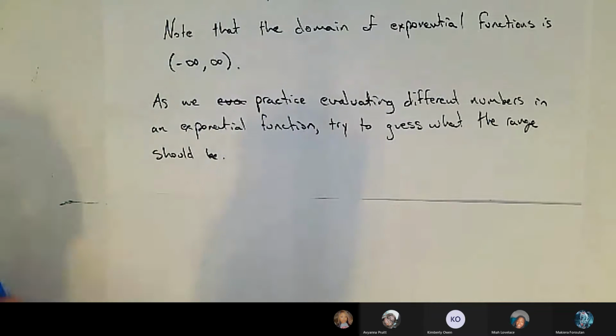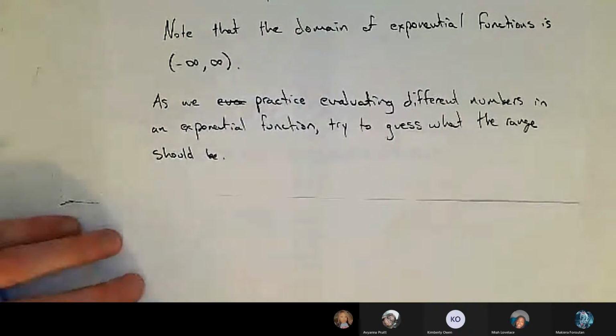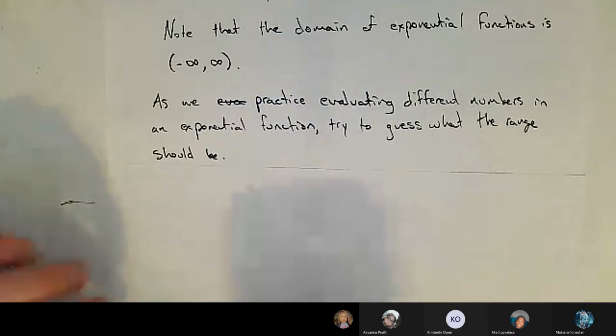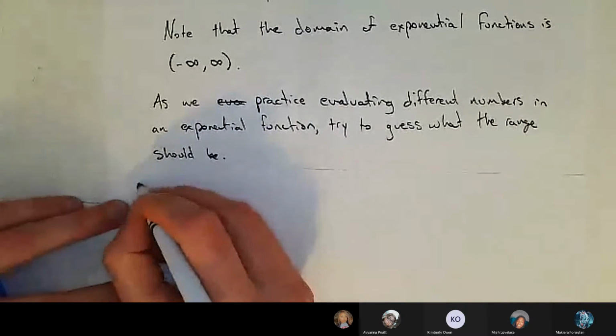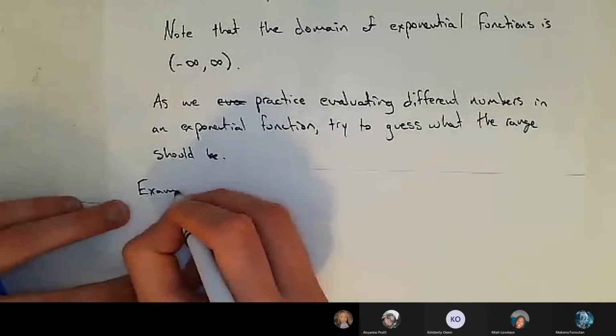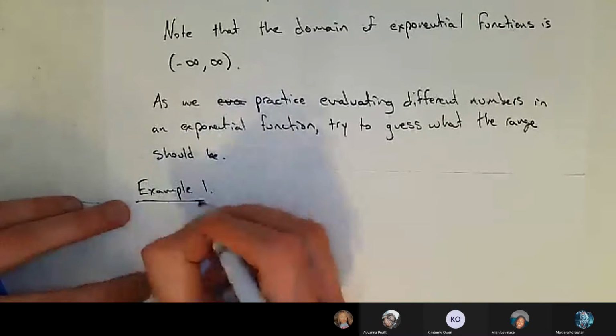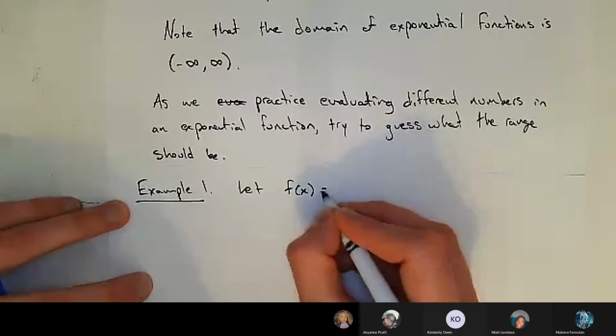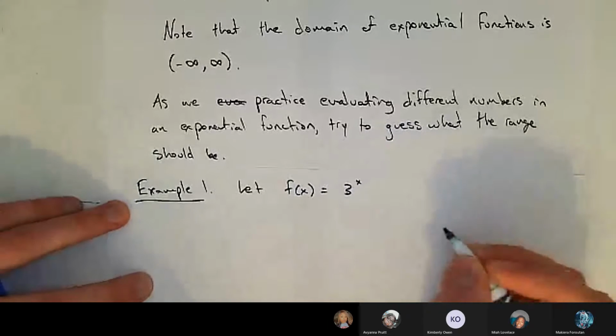All right, so let's practice evaluating with some non-whole numbers, meaning fractions and negatives and stuff, and let's see what happens. So example 1. Let's pick a new type of function. Let's let f of x equal 3 to the x.